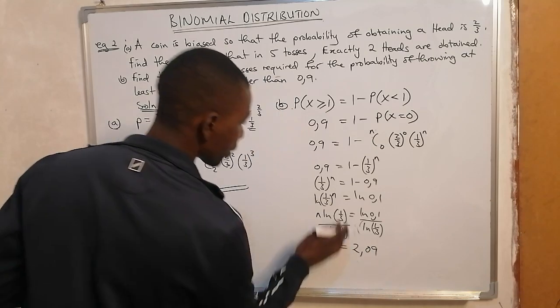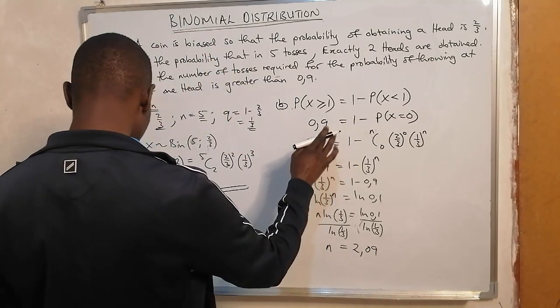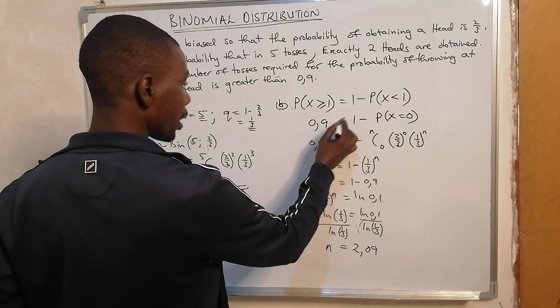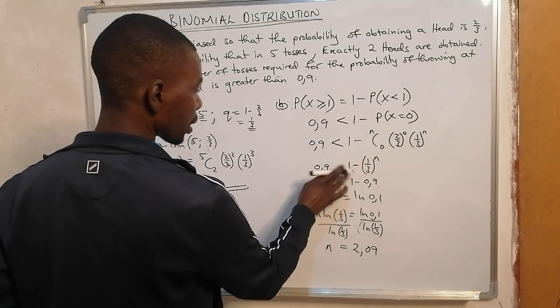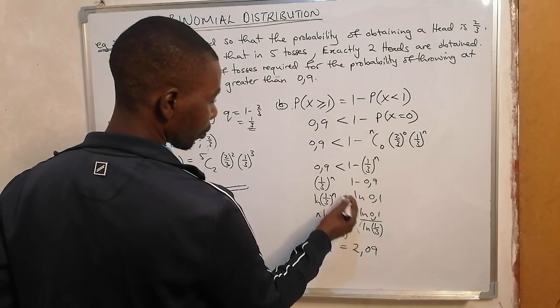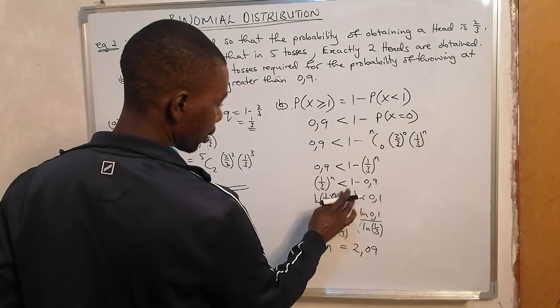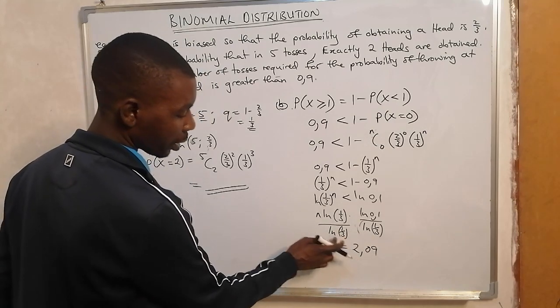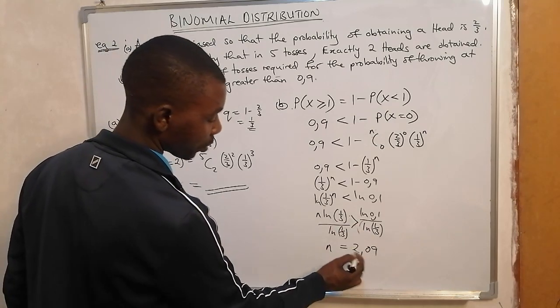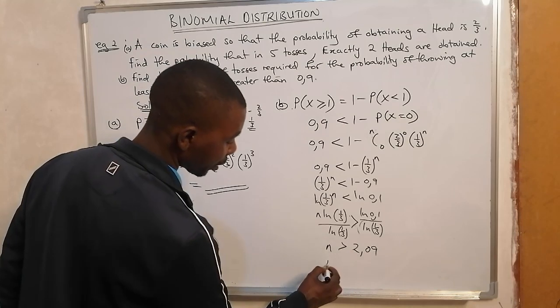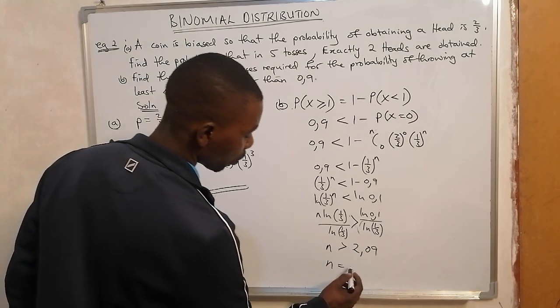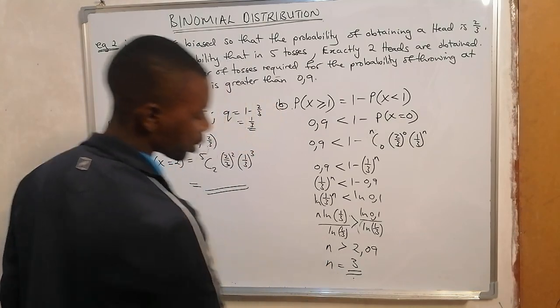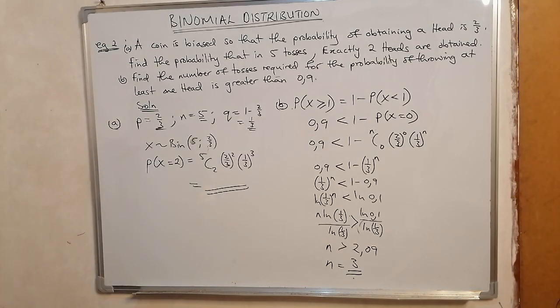Remember we said greater than 0.9 here. So whenever you are dividing by ln 1 over 3, which is a negative number, your sign will change. So your n is greater than 2.09, therefore we consider the next whole number, which is 3. Right, so this is how we solve the equation in this case.